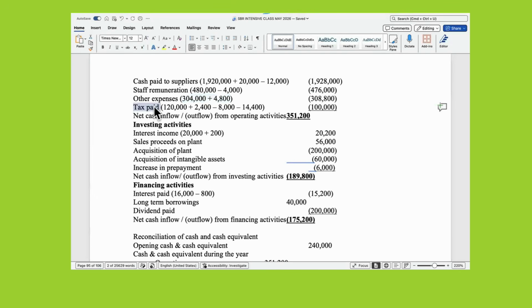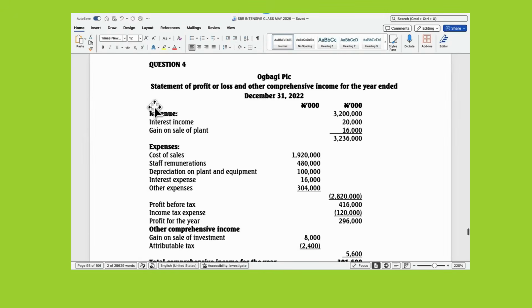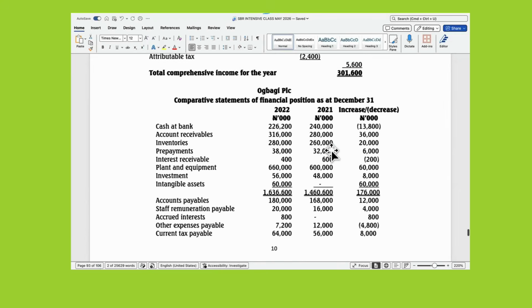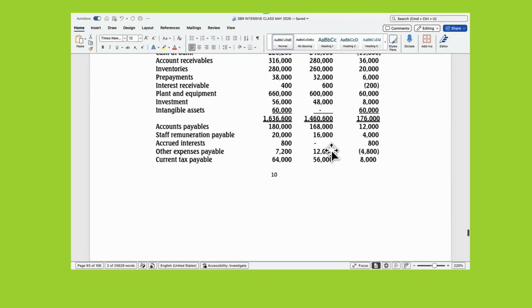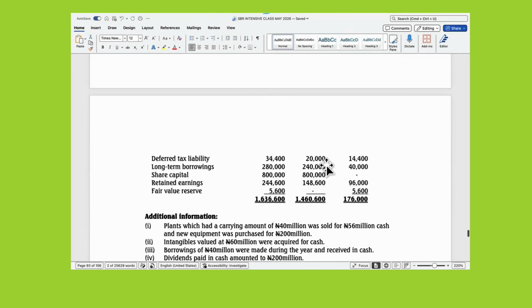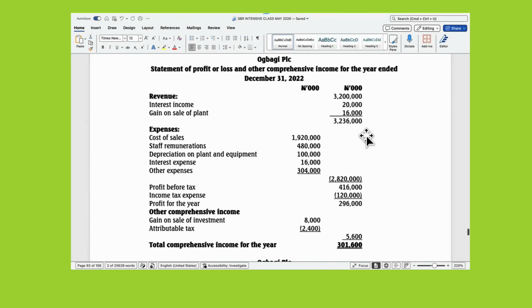Then my tax paid. My tax expense was actually 120. But how much was I owing? I'm owing an income tax, a current tax of 8,000 because it increased. I'm also owing a deferred tax of 14,400. So I'm owing this and this out of 120.